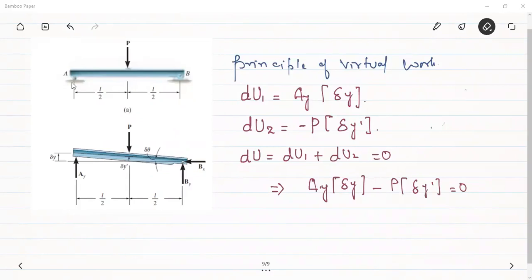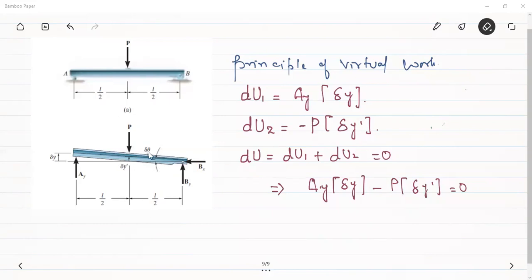See here, this is a 1 degree of freedom system. That is, this delta theta is sufficient to explain the position or displacements of every point, isn't it? So we can bring this delta y in terms of delta theta and this delta y dash in terms of delta theta.